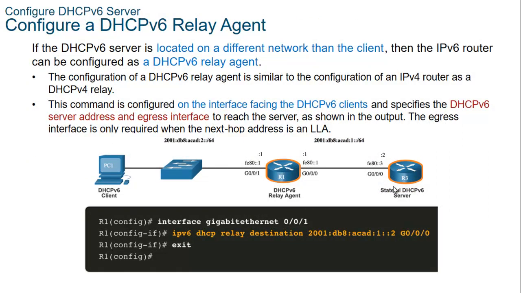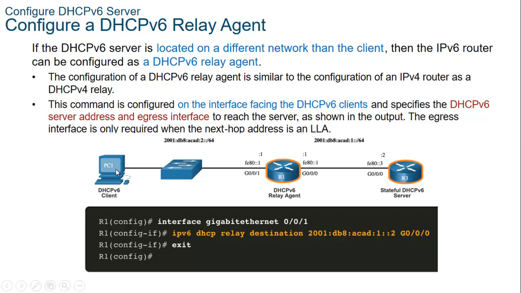So let's look at how we can configure a DHCP version 6 relay agent. If the DHCP version 6 server is located on a different network than the client, then the IP version 6 router can be configured as a DHCP version 6 relay agent. Now, why do we need a relay agent? A router does not forward broadcast.